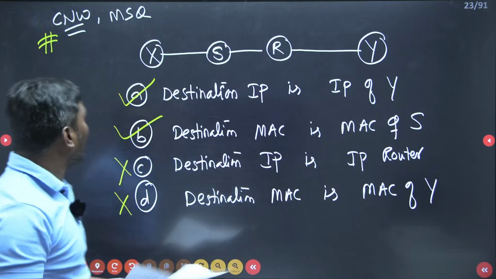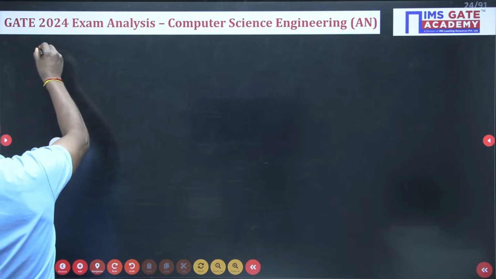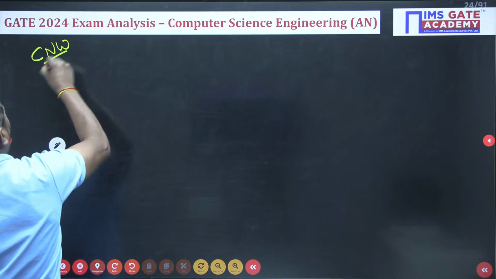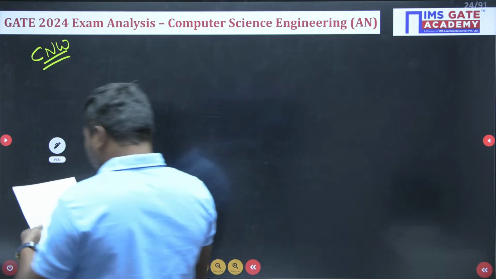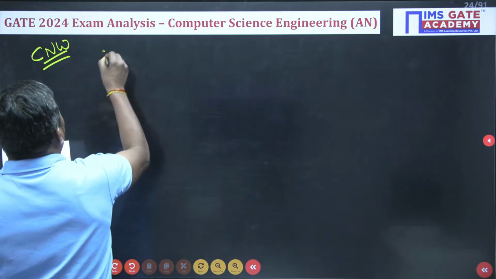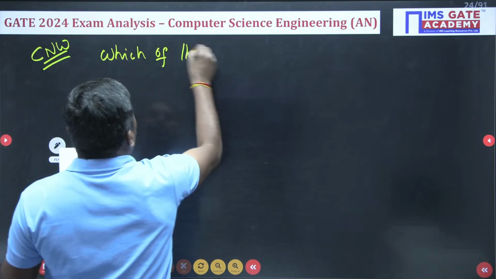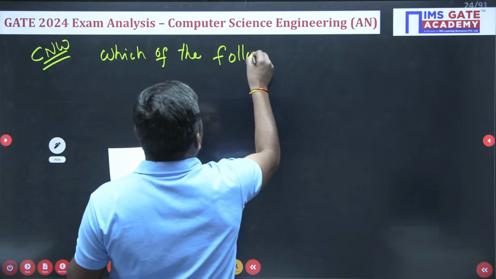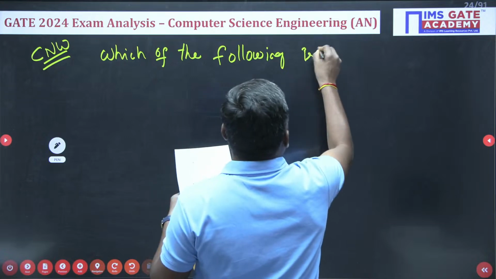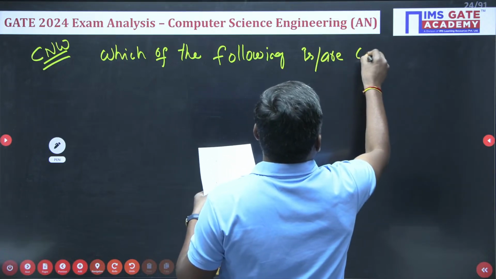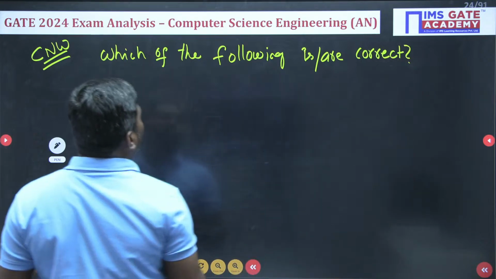Similarly, one more question we'll see from computer networks. Again the question is from computer networks only. All of you look at the point. The question says, which of the following is correct?